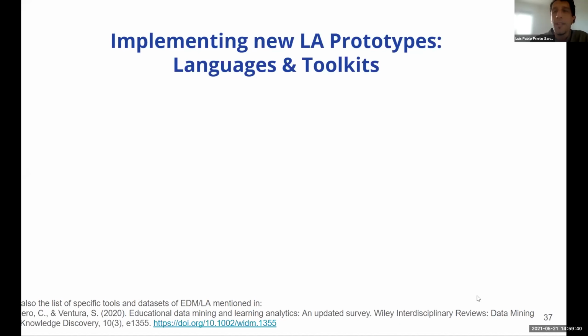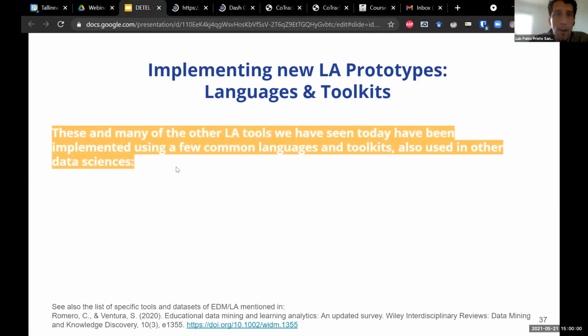And maybe I will just share a couple of last slides about how these things are implemented in reality. So what did we use to implement these LA pills, or what kind of things Ralf and her team are using. There are many kinds of systems or toolkits.